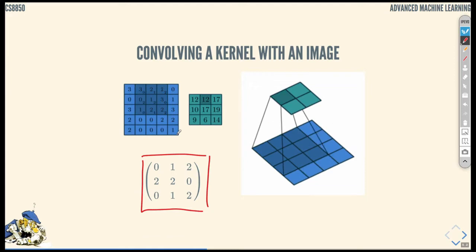It could be the input image if it's the input layer, or it could be an input channel from the previous layer. This is the input, let's call it X, and this is the output, let's call it channel. We're not doing anything right now in this process.